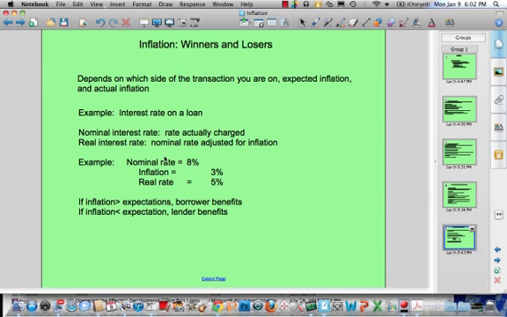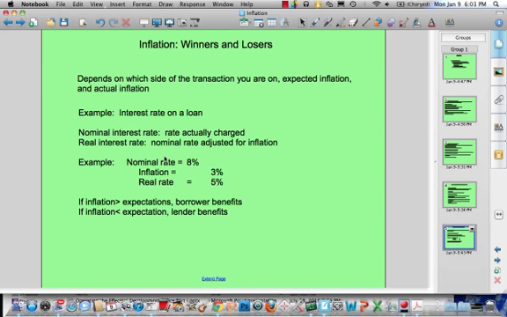Let's use an example here and use a couple of terms that we need to define. Let's talk about the interest rate on a loan. The nominal interest rate is the rate that's actually charged. So if you borrow money for a car and you pay 5% a year, the nominal interest rate is actually that 5%. You're paying 5% of the outstanding balance of that loan every year.